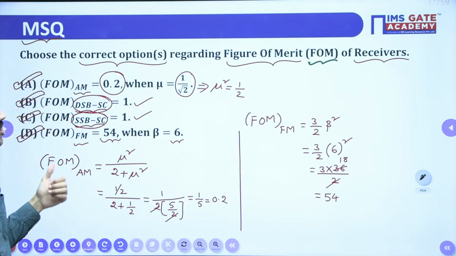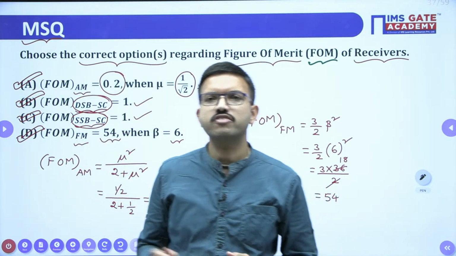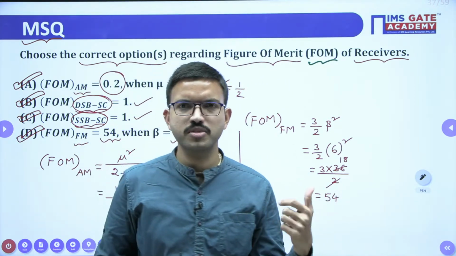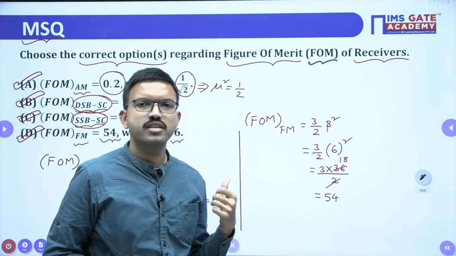So with this, we have completed the questions related to the first 3 chapters. The first chapter is regarding analog communication, that is amplitude modulation, DSBSC, SSBSC.